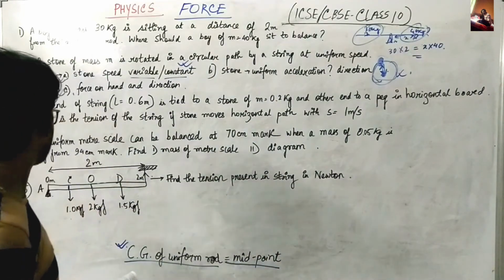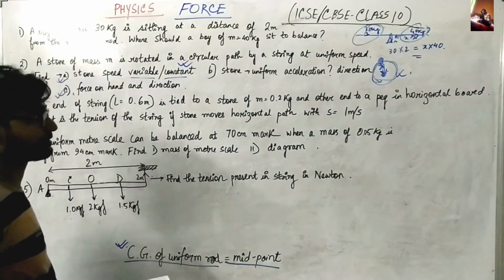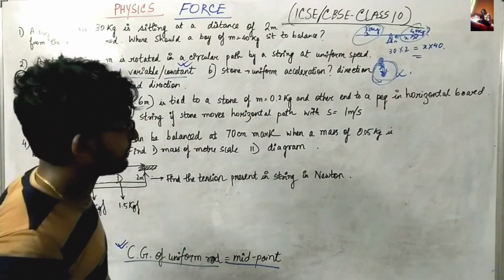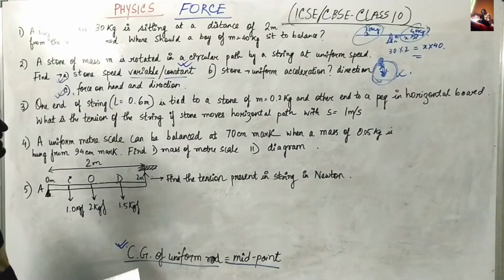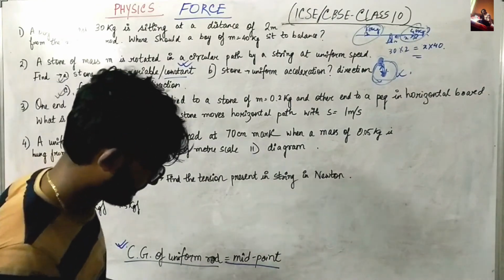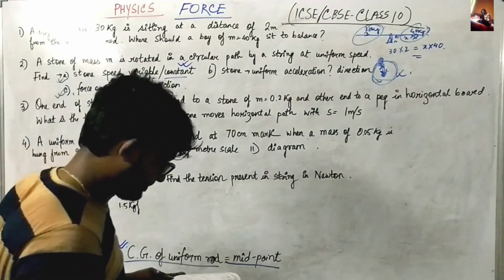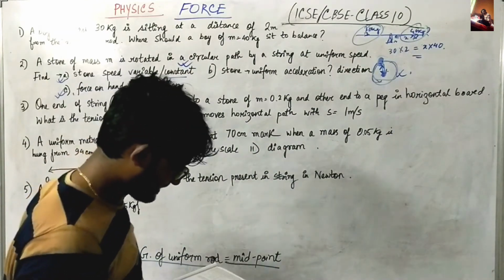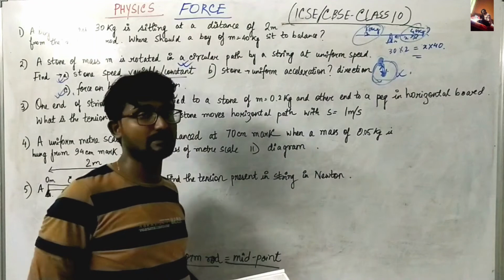Now number 3. One end of a string is tied to a stone of mass 0.2 kg and the other end to a peg on a horizontal board. What is the tension of the string if the stone moves in a horizontal path with a speed of 1 meter per second? Over here again, the same thing: the tension in the string is the required centripetal force.